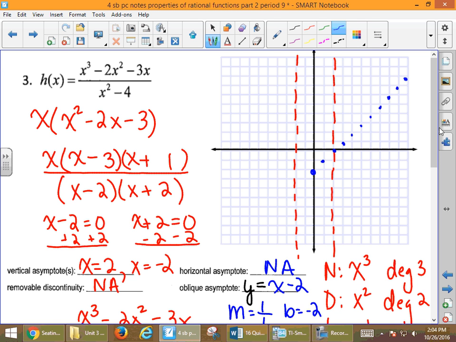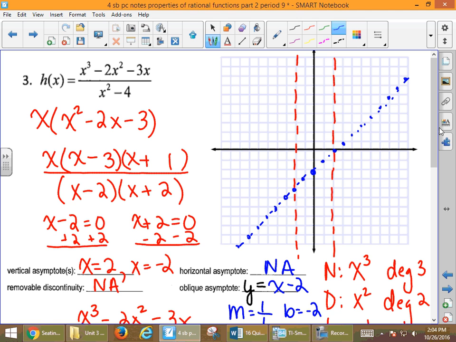Or we can go down 1 to the left 1, down 1 to the left, down 1 to the left. Starts at negative 2.